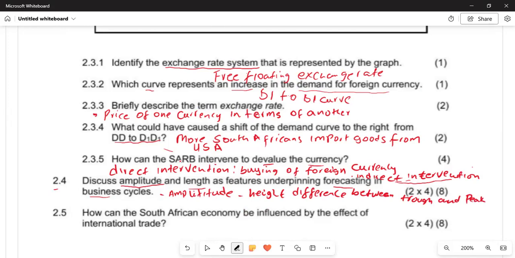For example, a big boom followed by a deep recession has a large amplitude.